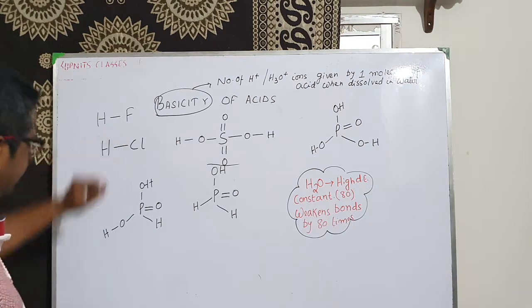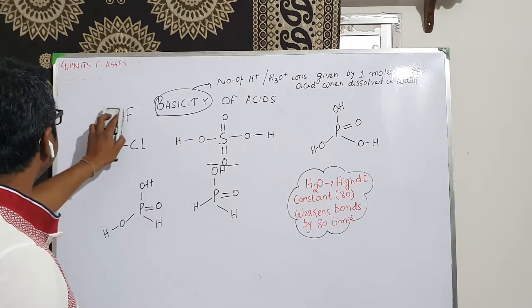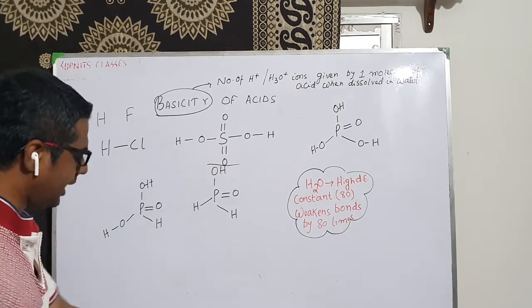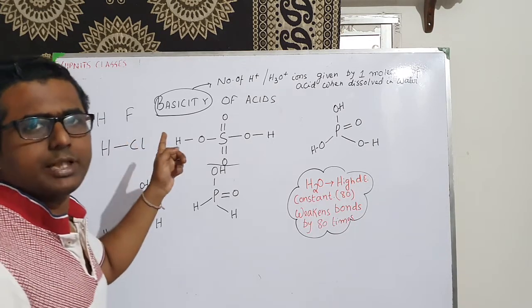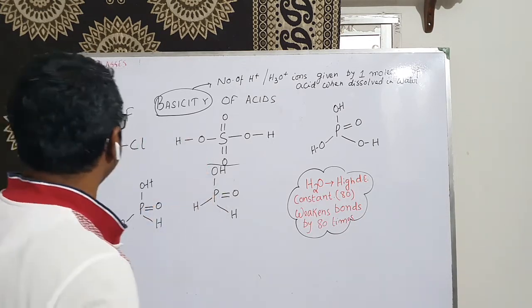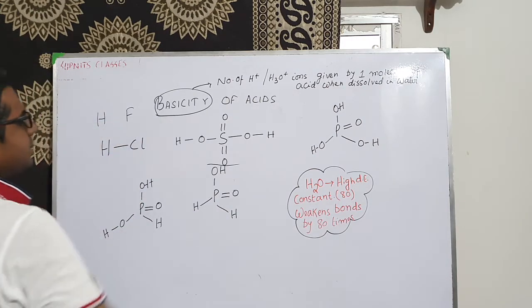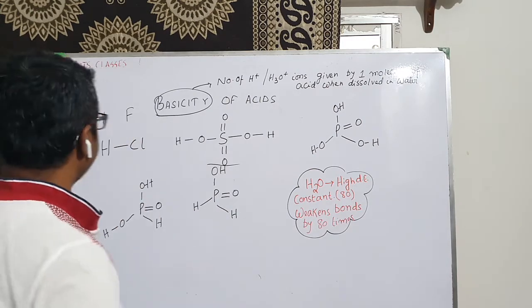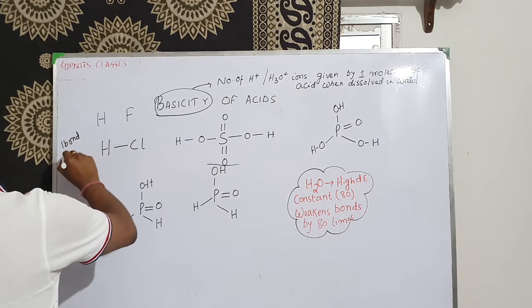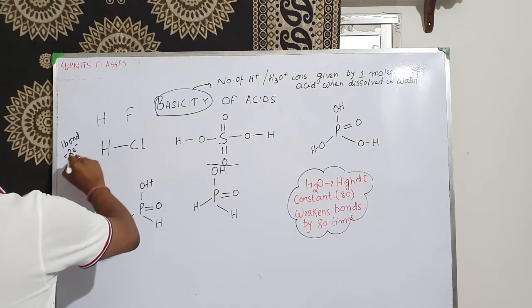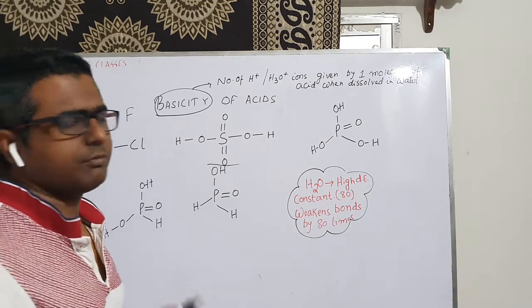So this is the first acid I talk about. This is hydrofluoric acid, that is HF. Fluorine is very electronegative with respect to hydrogen. So what does this bond mean? A bond means two electrons. Okay, always remember this. One bond is equal to two electrons. And what is an electron? An electron is a cloud of negative charge.